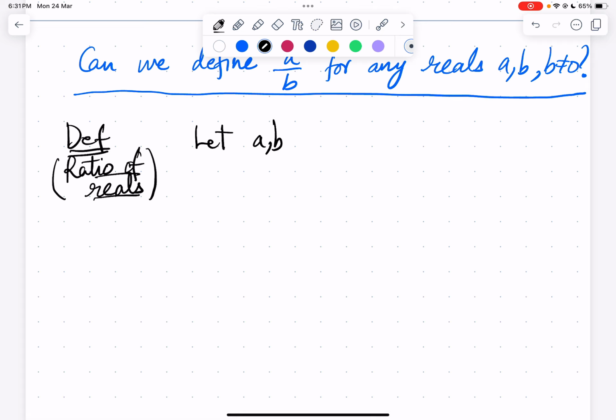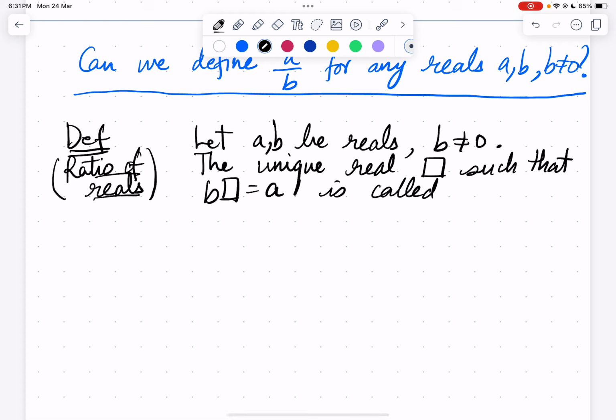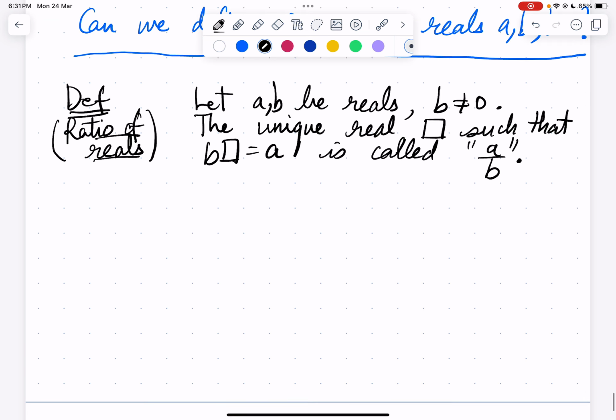Let a, b be reals and b is not equal to 0. The unique real box such that b times box is a is called a by b, is denoted by the symbol a by b. Okay, this is how we define ratio of reals. And observation, this is about the ratio of reals.